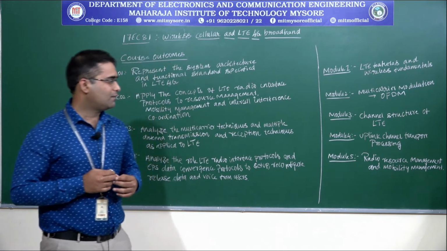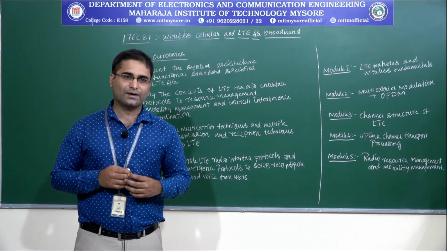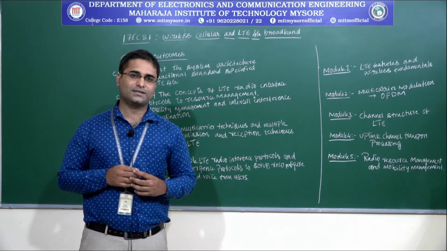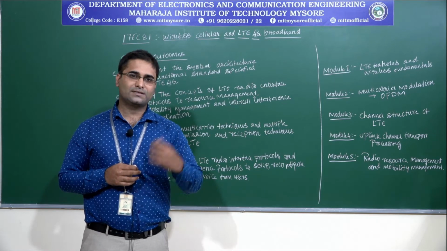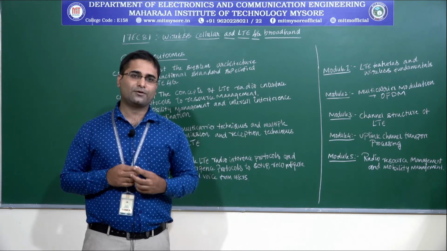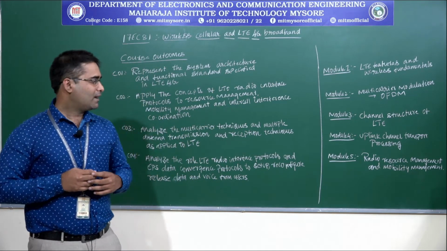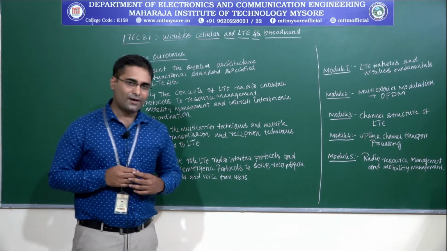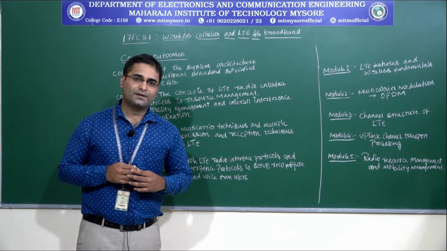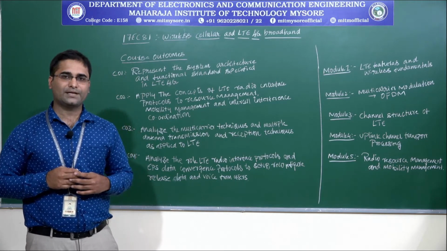Module 4 deals with the channels or the signals that are moving, either uplink or downlink. We will study how the signals move from one component to another, which is the uplink channel transport processing. And module 5 deals with radio resource management and mobility management.